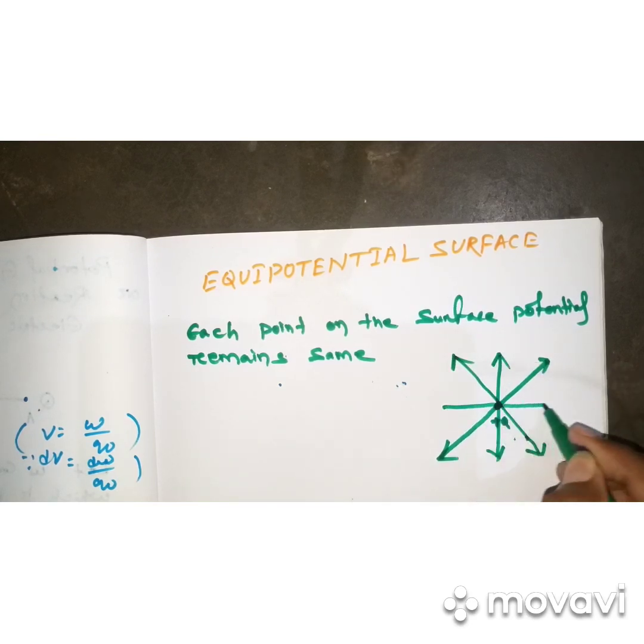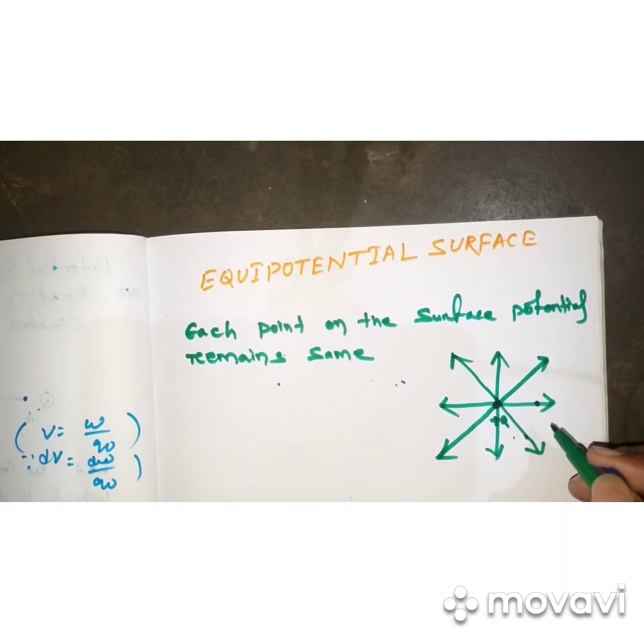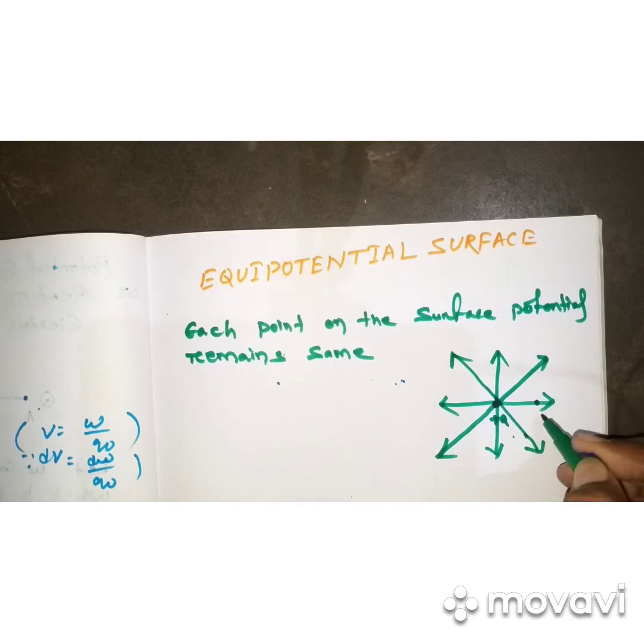So if you assume a point, at that point the potential is about 10 volts.